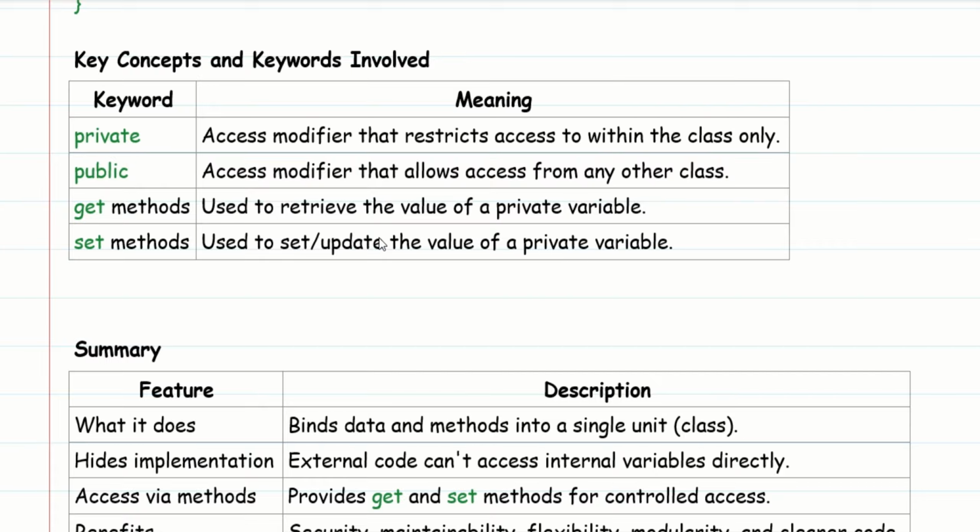If you want to retrieve the value, we call it a getter, and if you want to set a value for the variables, we call them setter methods.